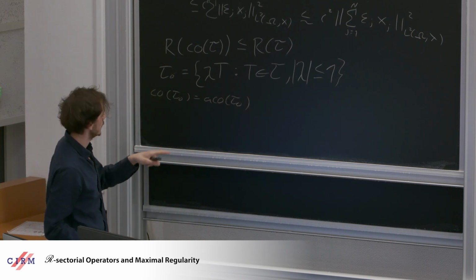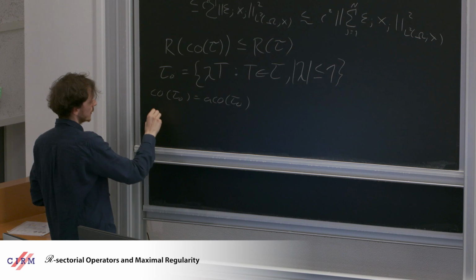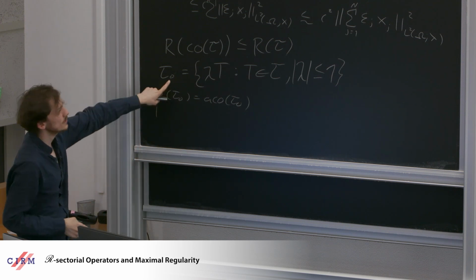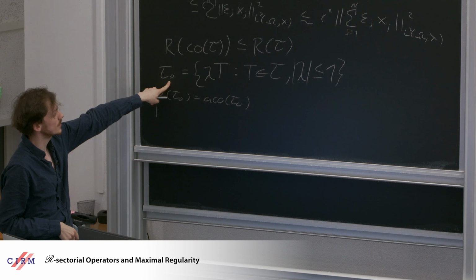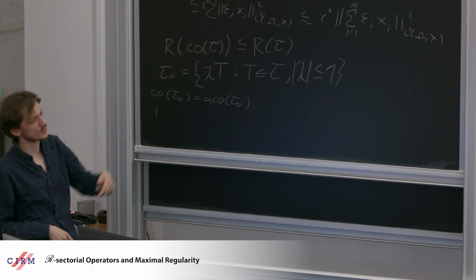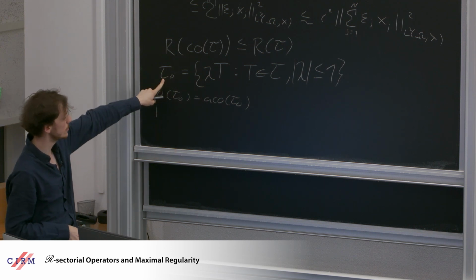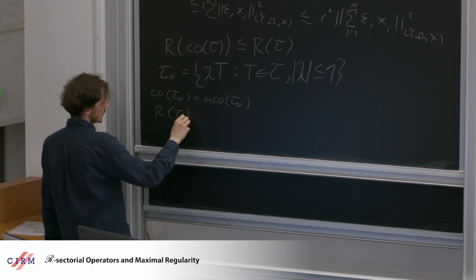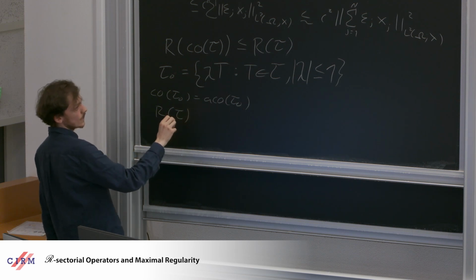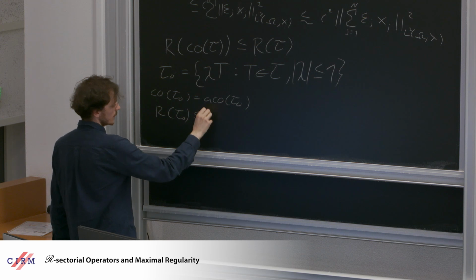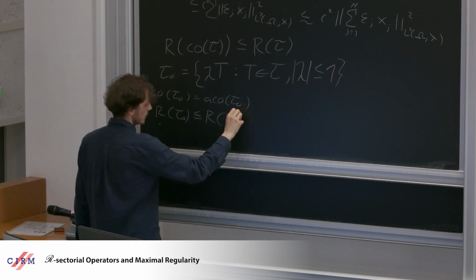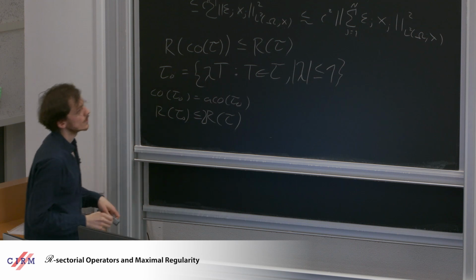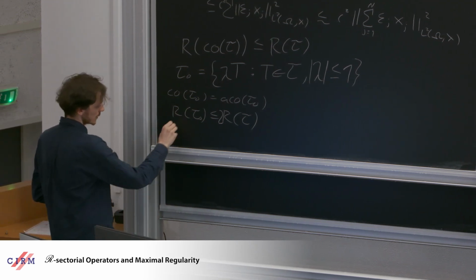And then we note that this here is exactly what you get when you apply the Kahane contraction principle to tau. So we have that tau 0, sorry, there's a 2.